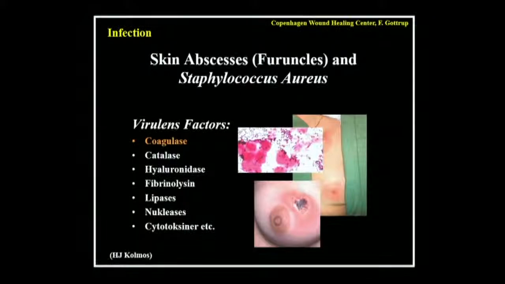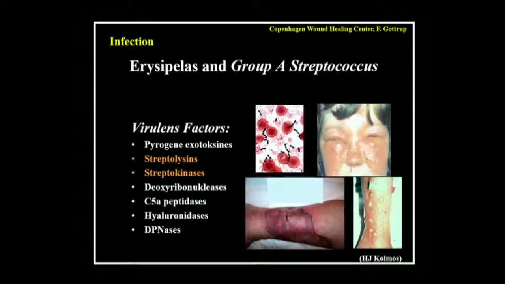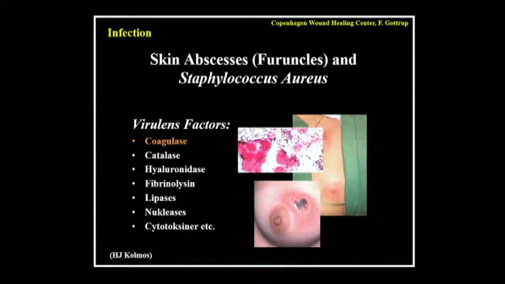What about the staphylococci then? The staphylococci, of course, also have virulence factors, but the strongest part there is coagulase, which is much weaker than the two others we have shown here. That means that staphylococci normally produce abscesses, localized infection.